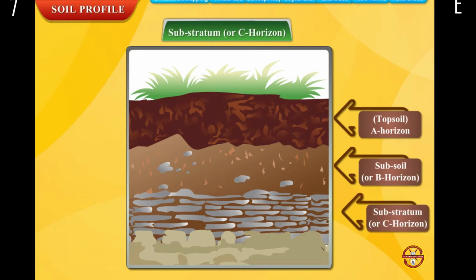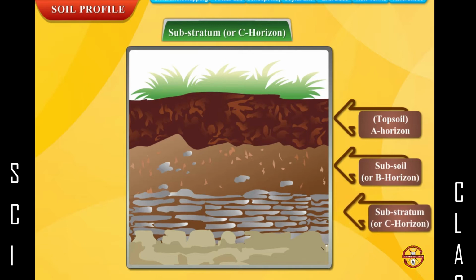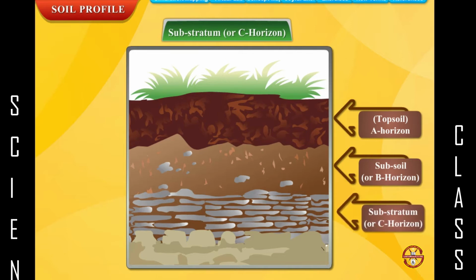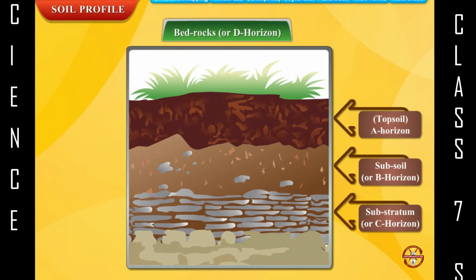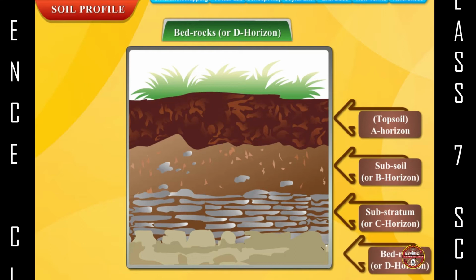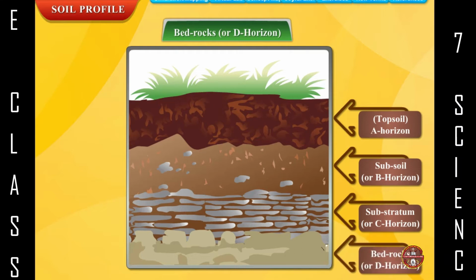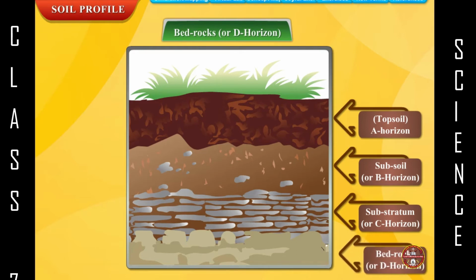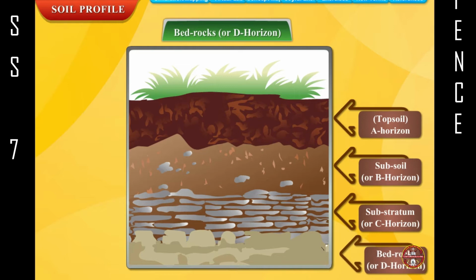The layer of the soil which is just below the subsoil is called substratum, also called C horizon. Bedrocks or D horizon. Just below the substratum is the bedrock or parent rock, also called D horizon. The reservoir of water accumulated is called groundwater.